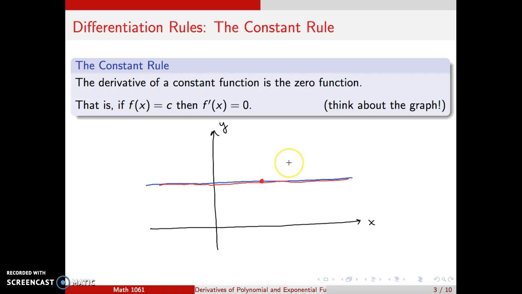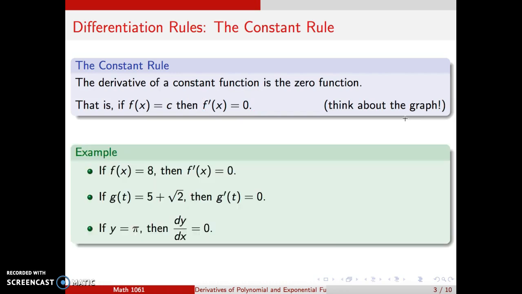And the derivative, well, it's just the slope of the tangent line at every point. It's the same slope everywhere because the tangent line is that graph. And that horizontal line's slope is 0, so that kind of makes sense. So thinking about the graph is really helpful with that. So nice easy rule to get us started, nothing too crazy.